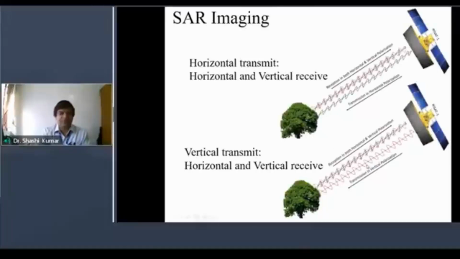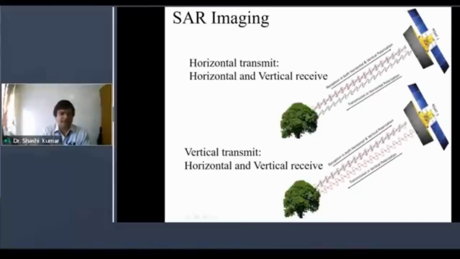Similarly, when vertically polarized electromagnetic waves are transmitted, again there will be receiving of horizontal and vertical polarization. But since the transmission was in vertical polarization, from the satellite to the object, the maximum energy or maximum intensity of the electromagnetic wave will be in vertical polarization.